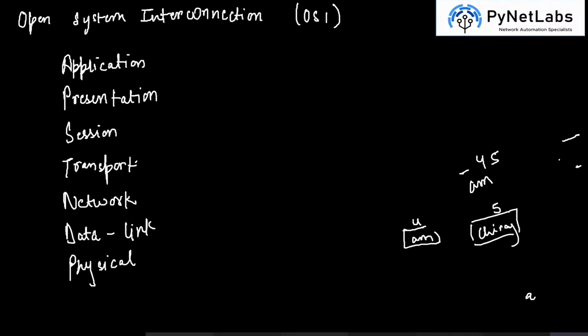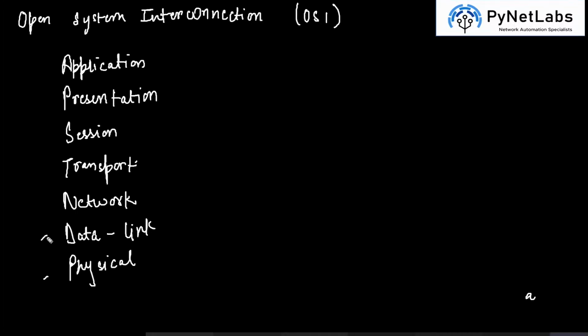So please for physical, do for data link, not for network, throw, T for transport, then S for sausage and session, then pizza for presentation, away for application. So this is something you can use to keep this memorized.